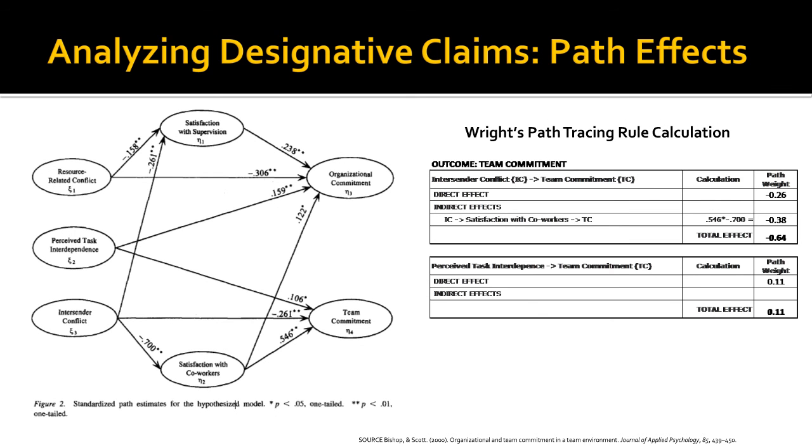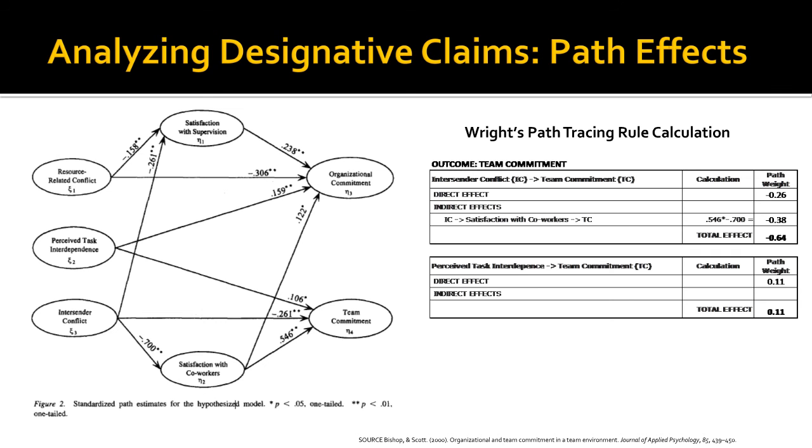We calculate the total effects on team commitment using the same approach. These calculations show that the total effects of the root causes of team commitment are negative 0.064 for inter-sender conflict and 0.11 for perceived task interdependence.